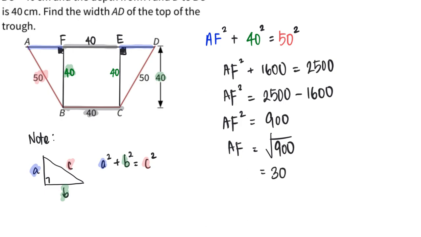So now I know this is 30, this is 30. So my AD is simply 30 plus 40 and plus another 30.